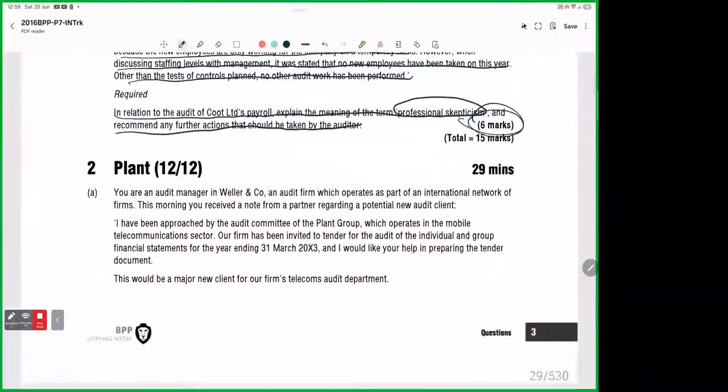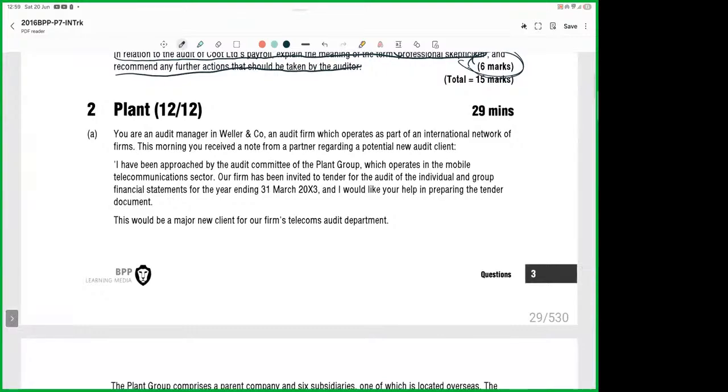So we have this question called a plan. You know, ACCA will always give you very practical questions, something that CASNEB has also adopted. You are an audit manager in Wella and Company, an audit firm which operates as part of an international network of firms. This morning, you received a note from a partner regarding a potential new audit client.